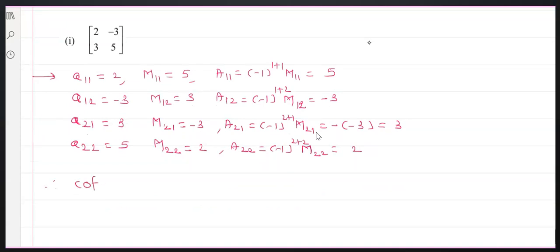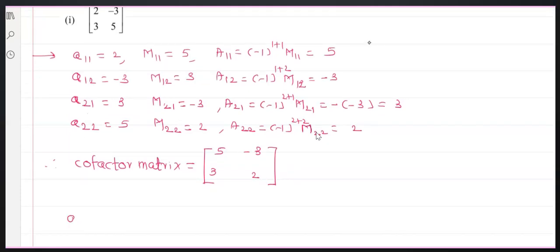And therefore the cofactor matrix is 5, minus 3, 3, 2. And it is the adjoint of the matrix, 5, minus 3, 3, 2, and this is the answer.